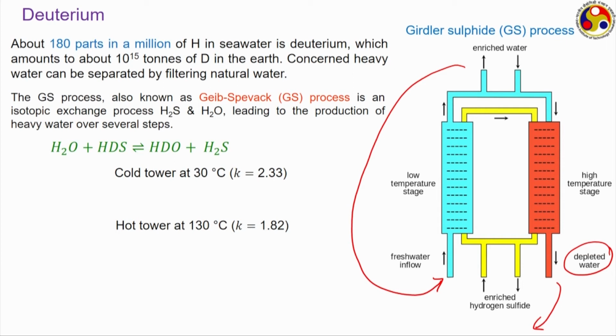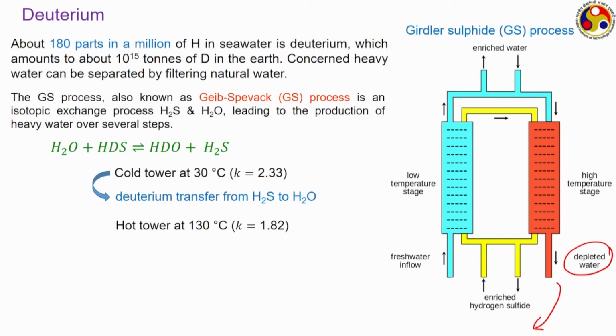This way we generally have several processors put in series, and the principle is always that the enriched water collected from one reactor is fed back to the same reactor or occasionally to the downstream side of another reactor which may be placed somewhere here, and the depleted water that is coming out from the hot chamber or hot tower is fed to a lower side or an upstream reactor.